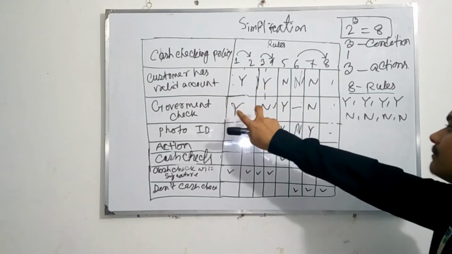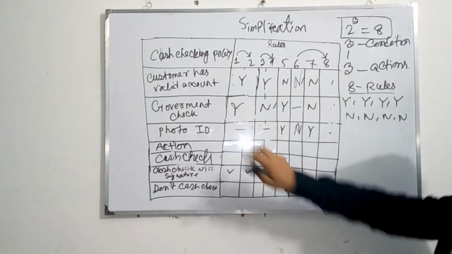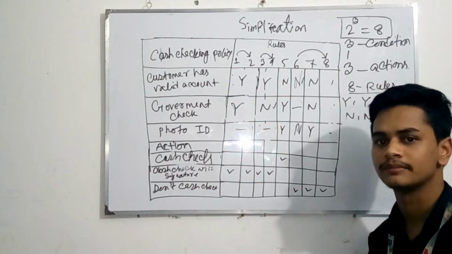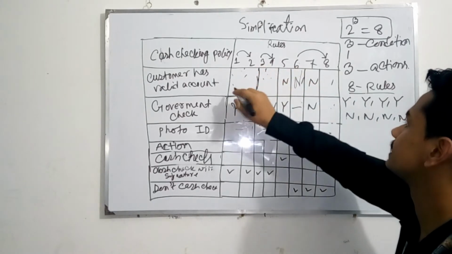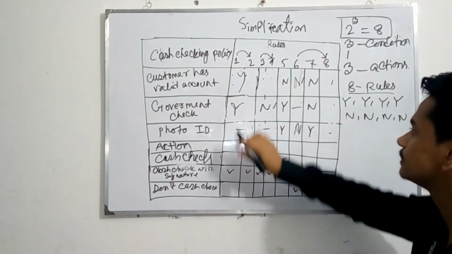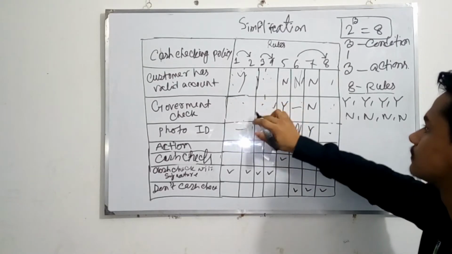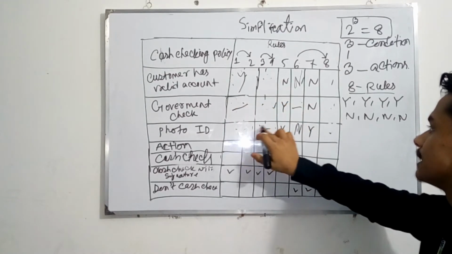So here again we can merge them because two conditions are the same. If we merge this, the result is yes, yes, yes. Yes, no, doesn't matter, doesn't matter, doesn't matter.